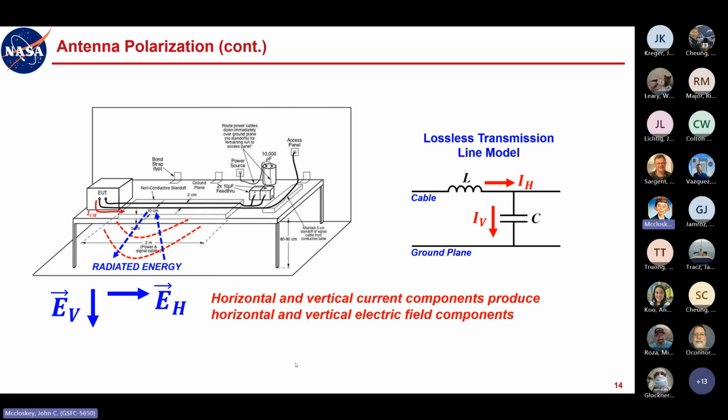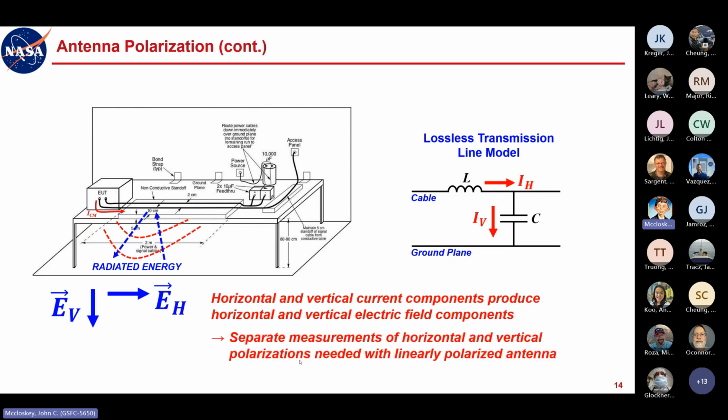So horizontal and vertical current components produce horizontal and vertical electric field components. And that's why we do separate measurements of horizontal and vertical polarizations when we're using a linearly polarized antenna, like the one we were just talking about, like that double ridge guide horn. I'll go back to that image for just a moment.